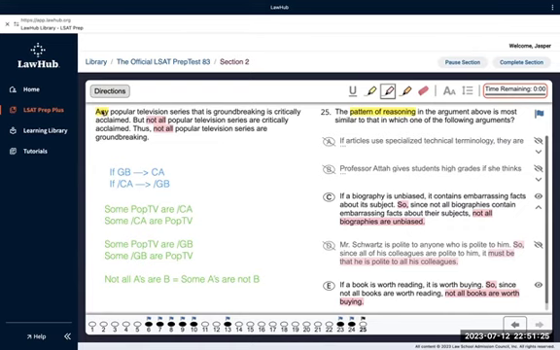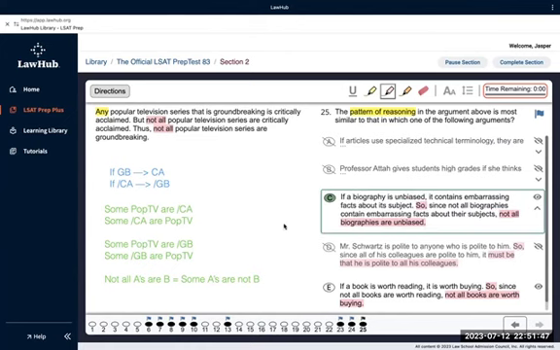If any popular TV series is groundbreaking, not all are groundbreaking. So that looks good. If a book is worth reading, and then it goes to not all books are worth buying. So it should end with not all books are worth reading if we want to follow that same pattern. So C has got to be the correct answer.